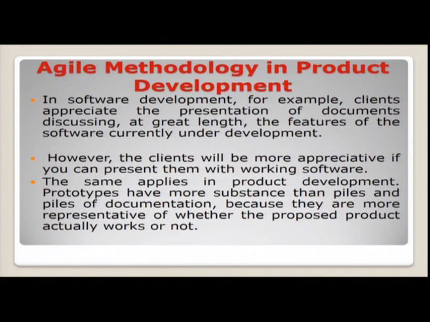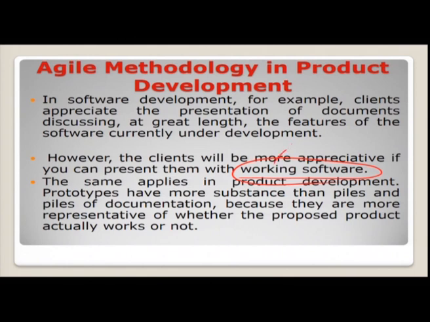Now, in software development, for example, the clients appreciate the presentation of documents discussing at great length the features of the software currently under development. However, the clients will be more appreciative if one can present them with working software, because that is the reason we go in for agile software development.